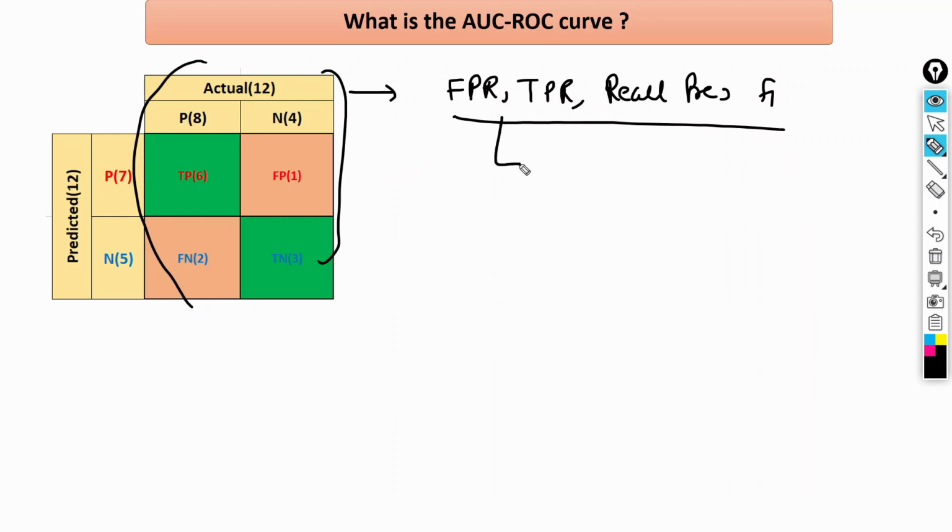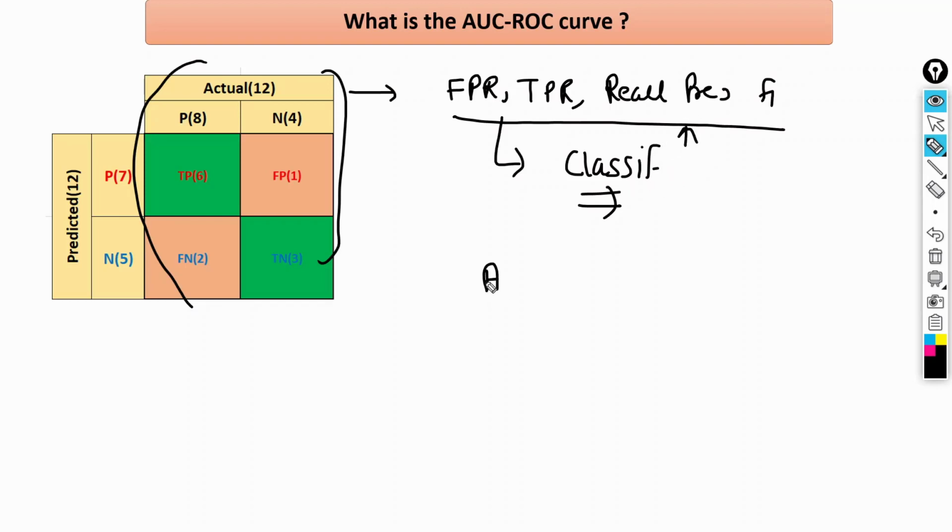These metrics are used to check the performance of the classification model, whether our model is able to classify all the classes properly or not. We can check those things with the help of these performance metrics.